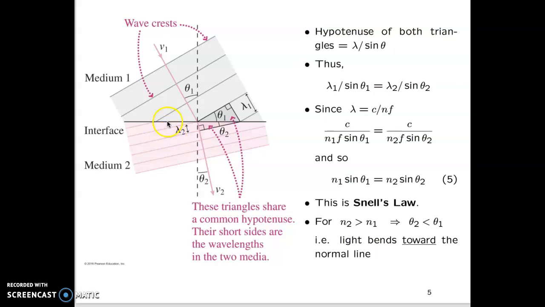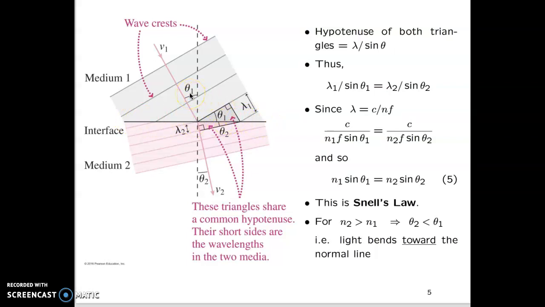Okay, what happens? Well, let's define a few quantities first. For medium 1, v1 will be the speed with which the wave is propagating. Theta 1 will be the angle of incidence, the angle between the direction the wave is moving and the imaginary line that we call the normal, where the normal is perpendicular to the actual interface.